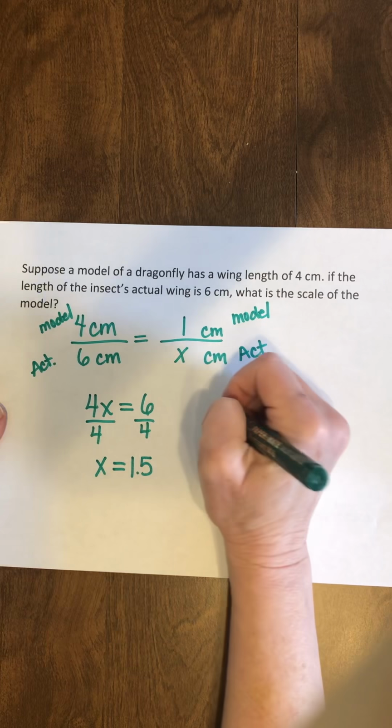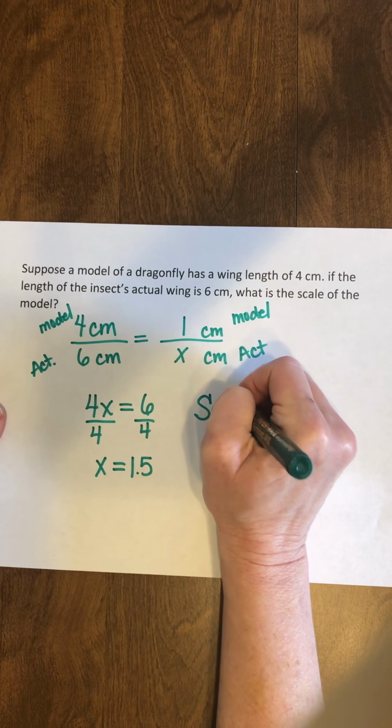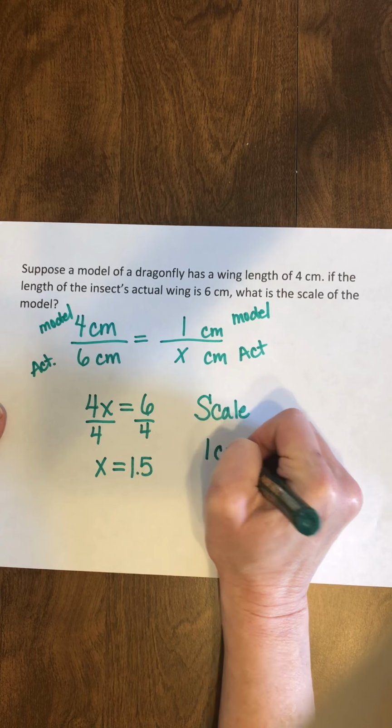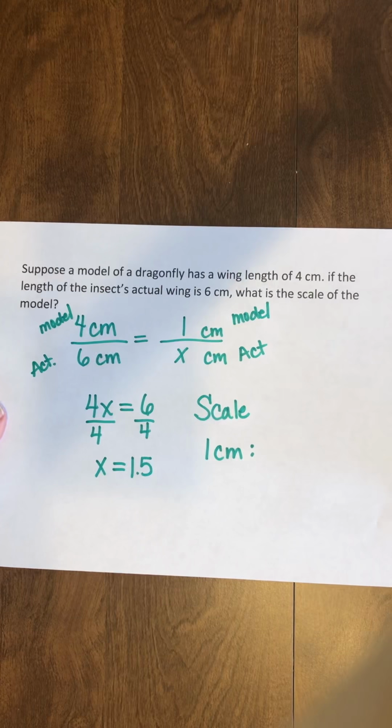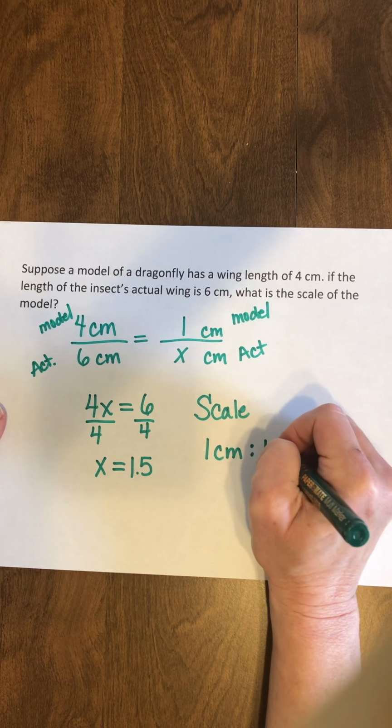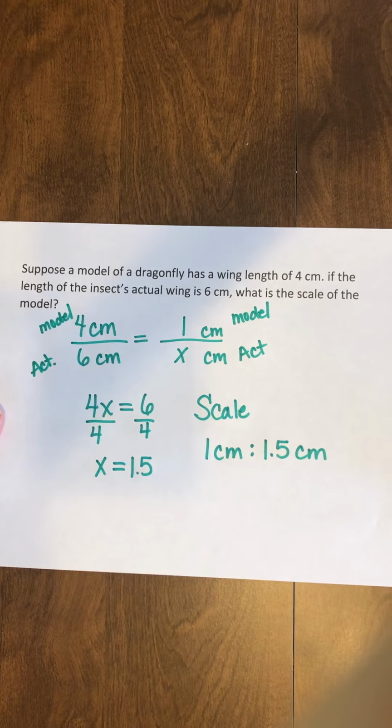So the scale that we're looking for is going to be 1 centimeter, and you can write it using the colon if you'd like, since that's how a lot of our problems are written here, to 1.5 centimeters. So a little bit different because this time we're looking for the scale.